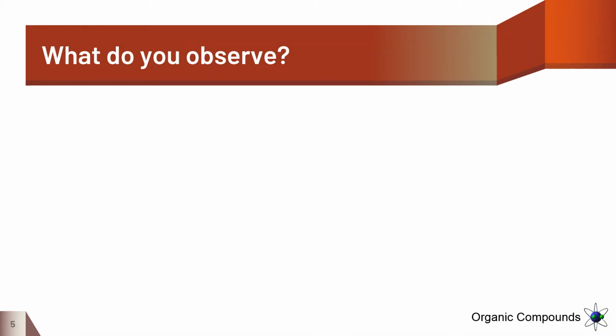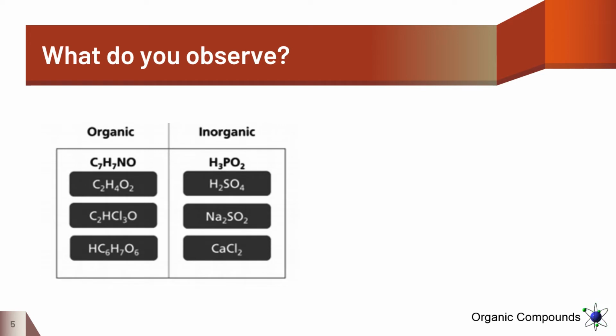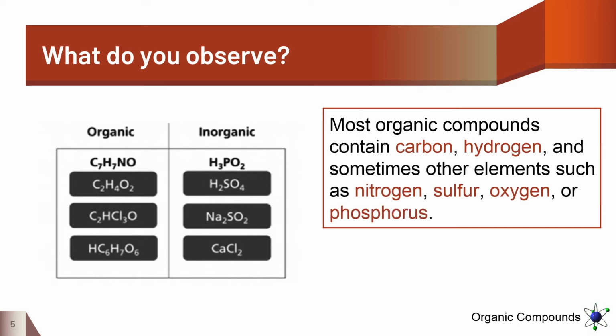Now, let us observe this particular figure. What did you notice about all the compounds that are classified as an example of organic compounds? Most organic compounds contain carbon, hydrogen, and sometimes other elements such as nitrogen, sulfur, oxygen, or phosphorus.